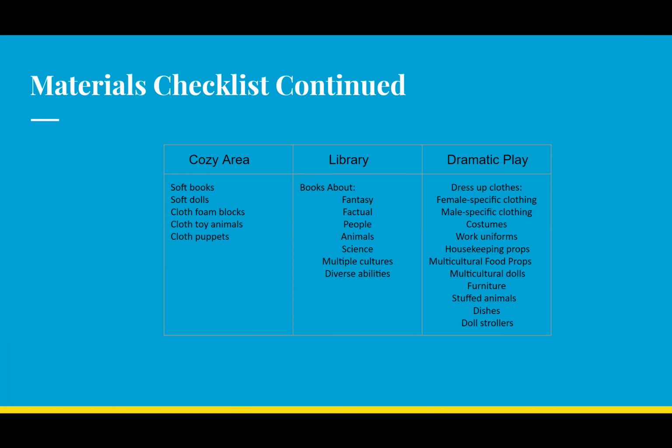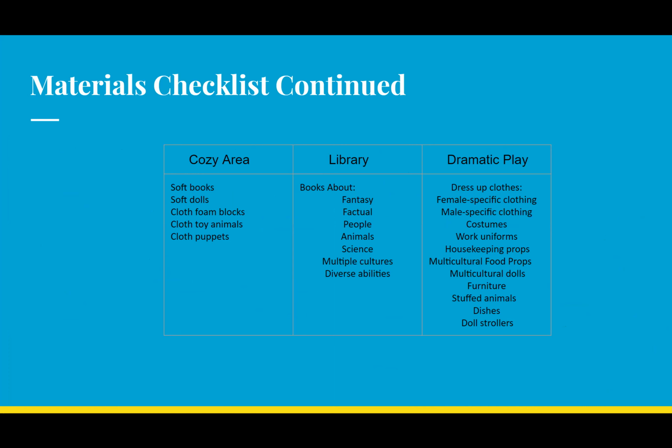The list continues. So in cozy area, maybe we're going to have some soft items in there, such as puppets, or maybe even putting some books in there. And then in library, having books about multiple cultures and diverse abilities, science, animals, people, factual, and fantasy.